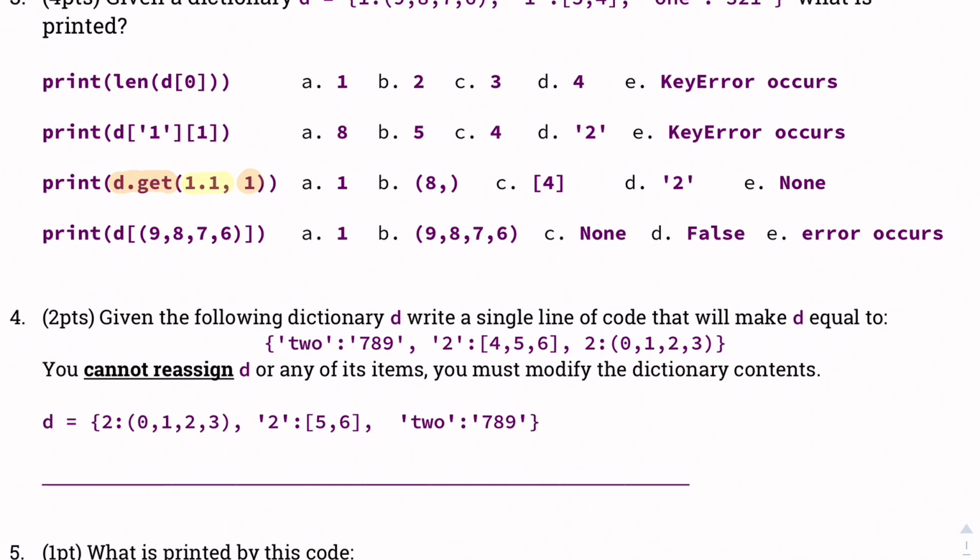If I do find the key 1.1 in the dictionary D, then I will print whatever the value at that particular key is. Remember, we only have 3 keys: 1, the string containing the digit 1, and the string ONE. None of those 3 things are the floating point number 1.1. So we're going to print the default value that we're using in .get, or just the number 1.